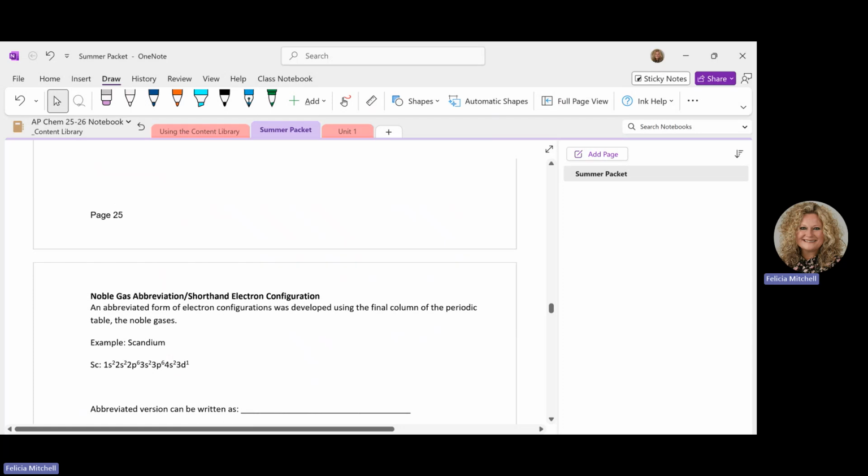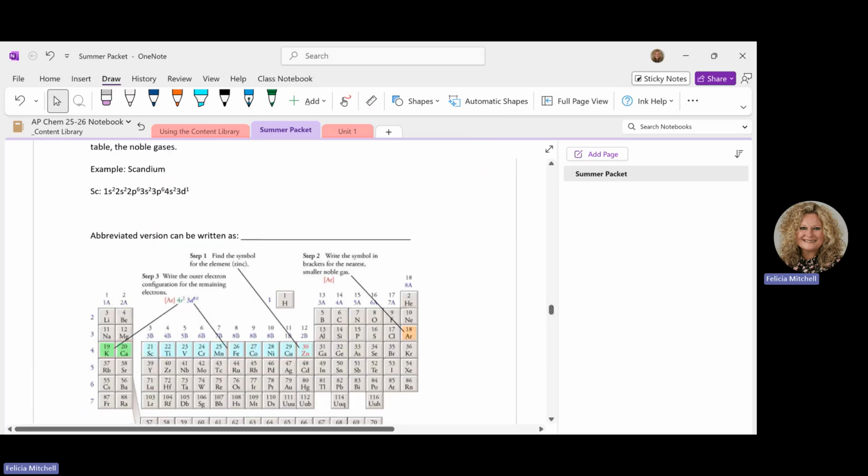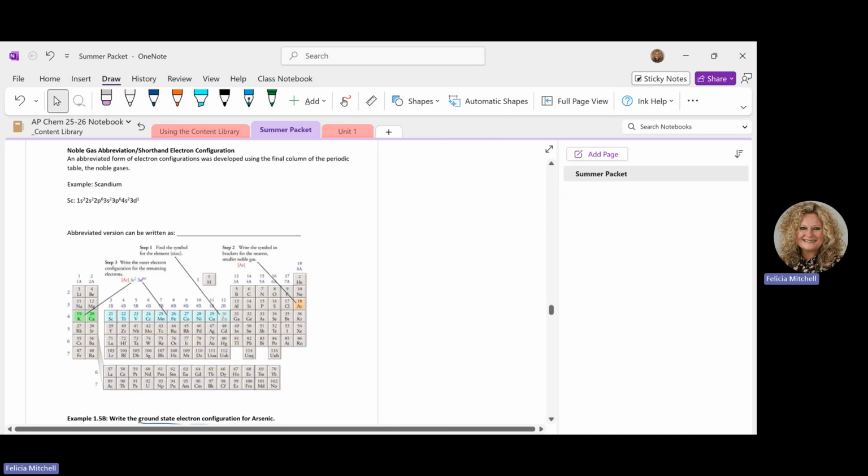All right, look at scandium. Here is the configuration for scandium, and what if I ask you for the noble gas shorthand? Well, everybody likes those. You find scandium, you go backwards until you get to the noble gas that comes just before it, and you put that in brackets.